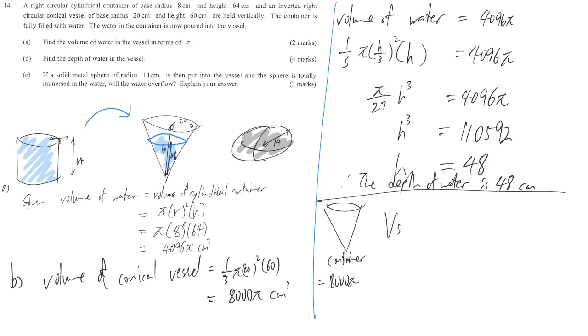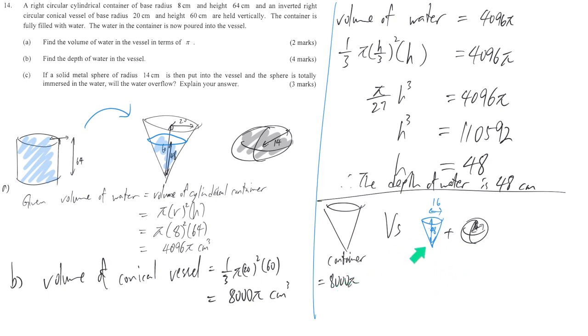And then compare the water. The radius we already know is 16 just now. The height is 48. And then together with a sphere with radius 14. So we are comparing this volume and this volume, to see which one is bigger.